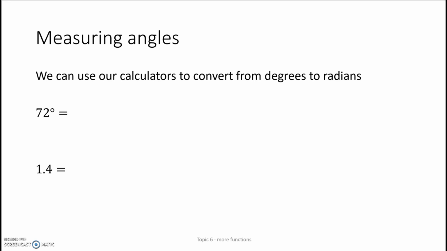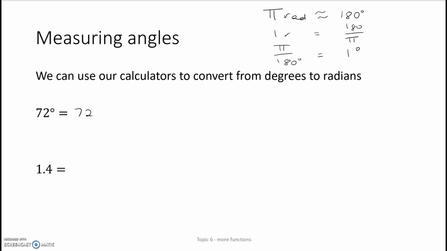Now, we can use our calculators, or we can use old-fashioned maths. If we know that pi radians is equivalent to 180 degrees, then we can say 1 radian equals 180 over pi, or we could go the other way, 1 degree equals pi over 180 radians, and we could use those to do the calculation.